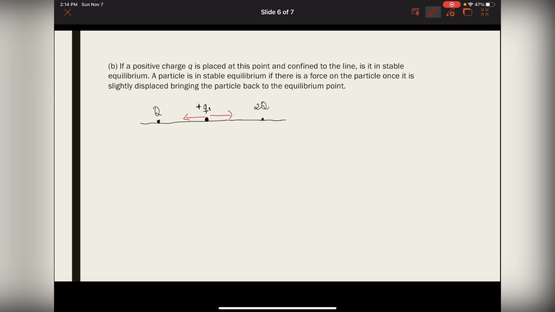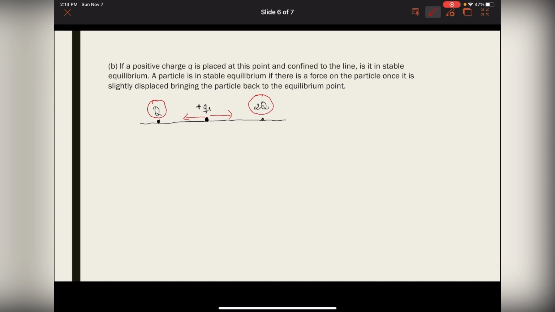Now we have a pair of forces acting in different directions. At the right location, these two forces can cancel each other out and possibly put the system in equilibrium. But we also have to look at the other two charges.